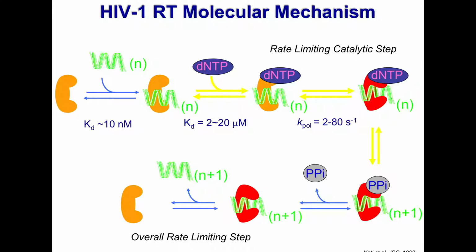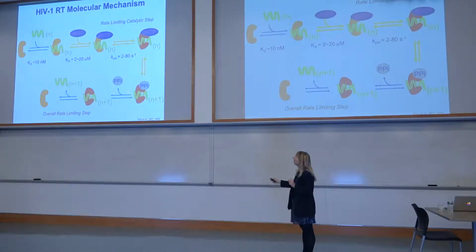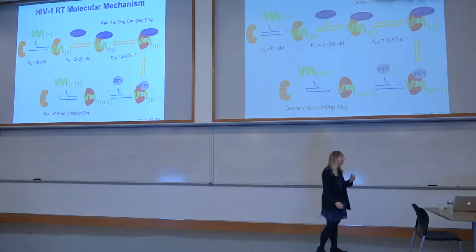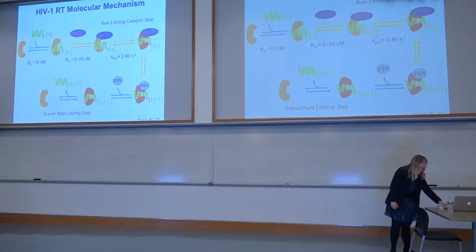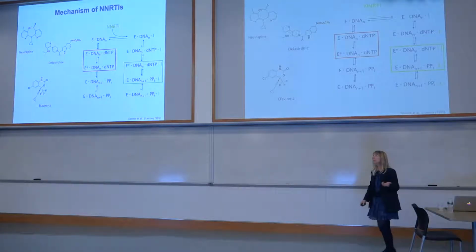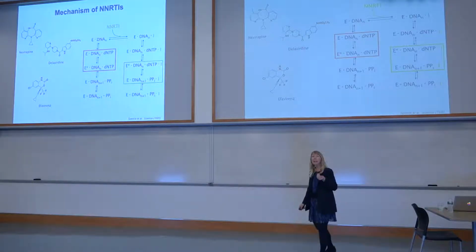And so when one does pre-steady state, we can actually get a handle on these particular processes. So we use that kind of strategy not only to understand the mechanism, but to understand how these inhibitors work.